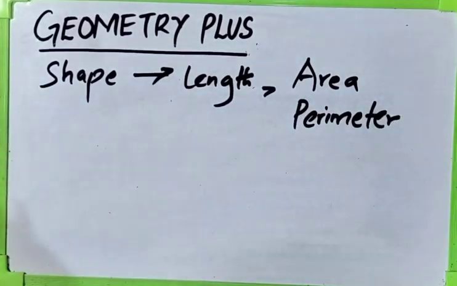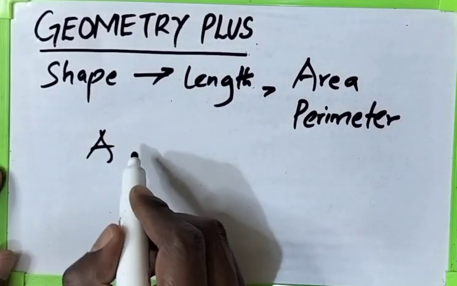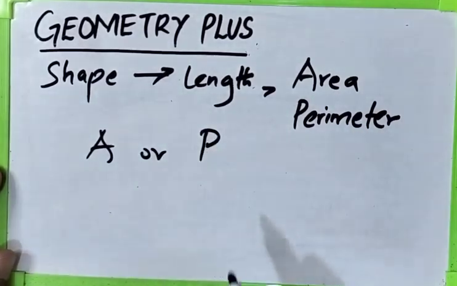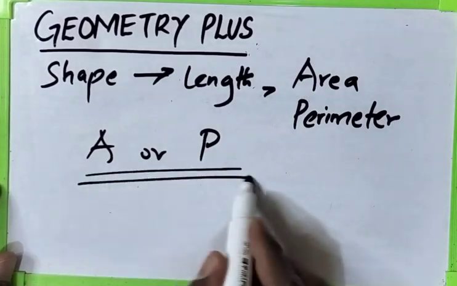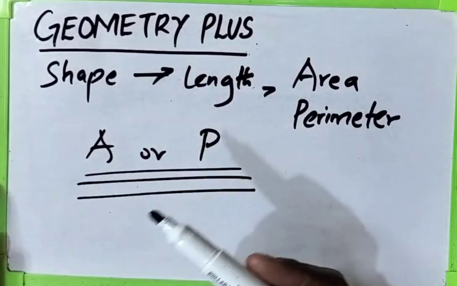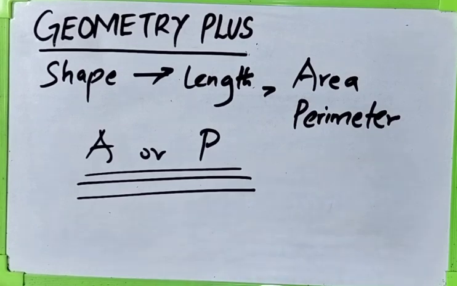So we look at a few shapes, and at times you're given the area or the perimeter, then you're required to look for the length of that given shape. So let us do that example.